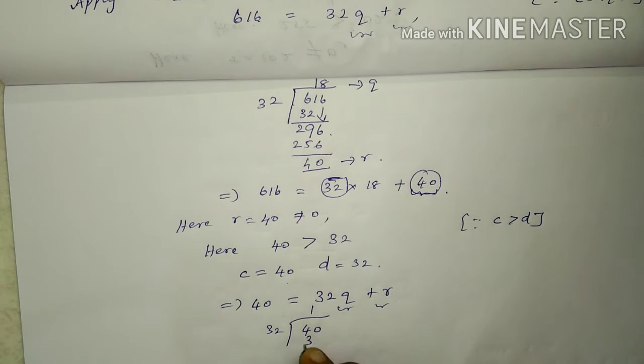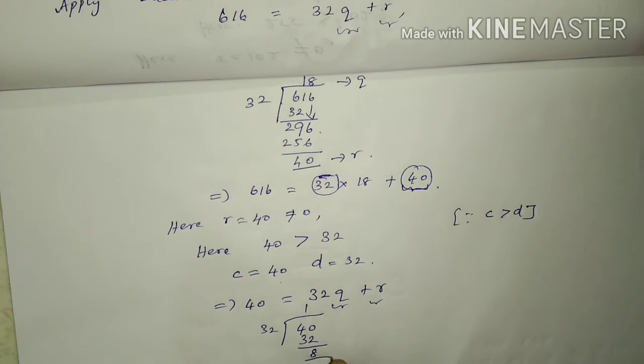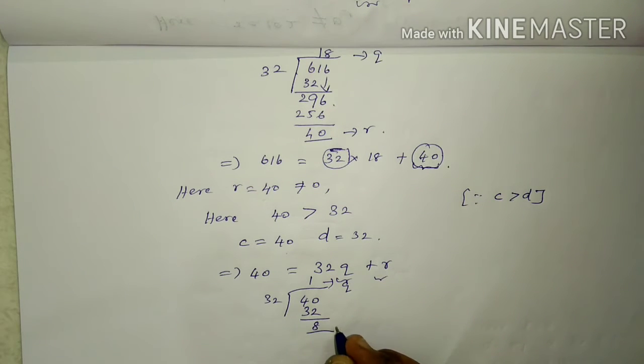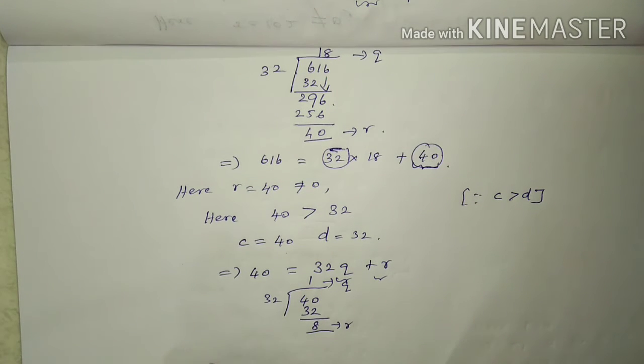One time 32, we get the remainder 8. So 1 is the value of Q and 8 is the value of R. Substituting, we get 40 equal to 32 into 1 plus 8.